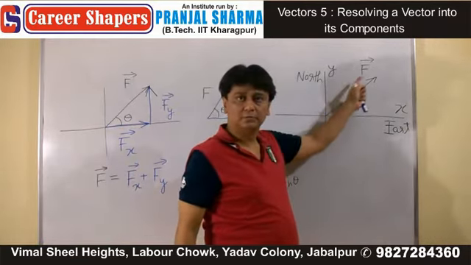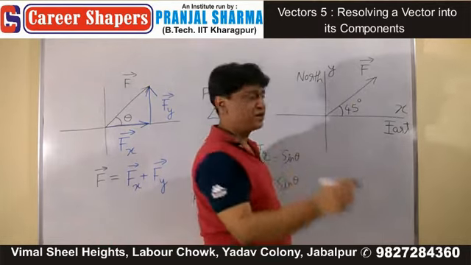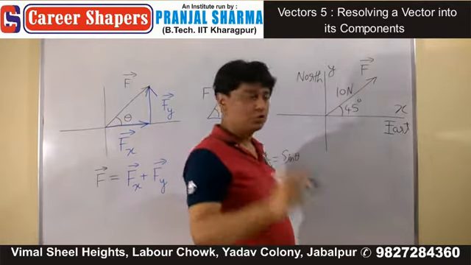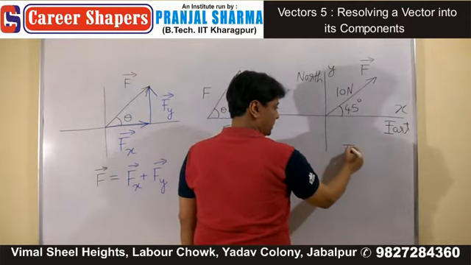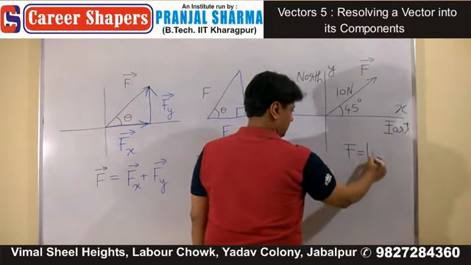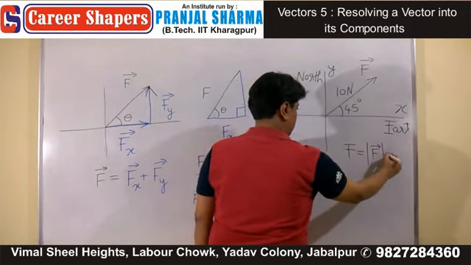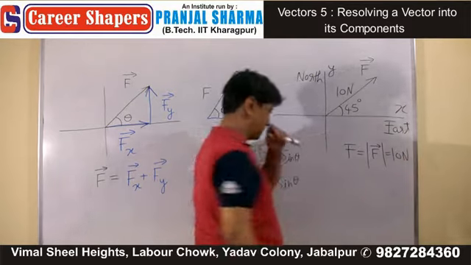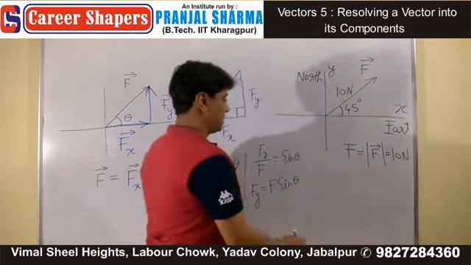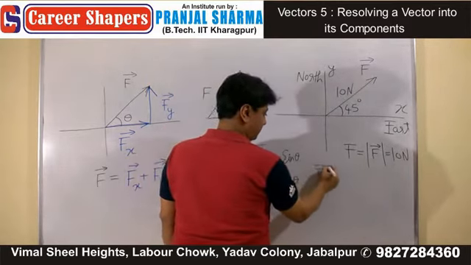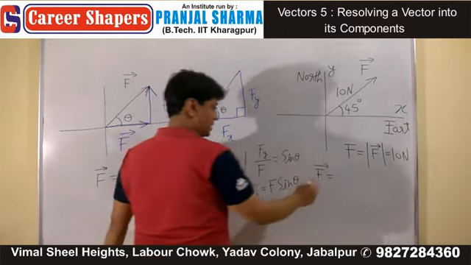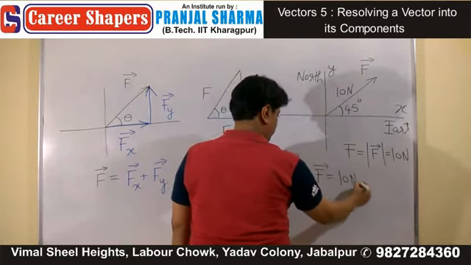This arrow, we were told its magnitude is 10 newtons. We have been given F, a force of this much magnitude. If I ask you how do you write F, then you write F in this form: a magnitude of 10 newtons.